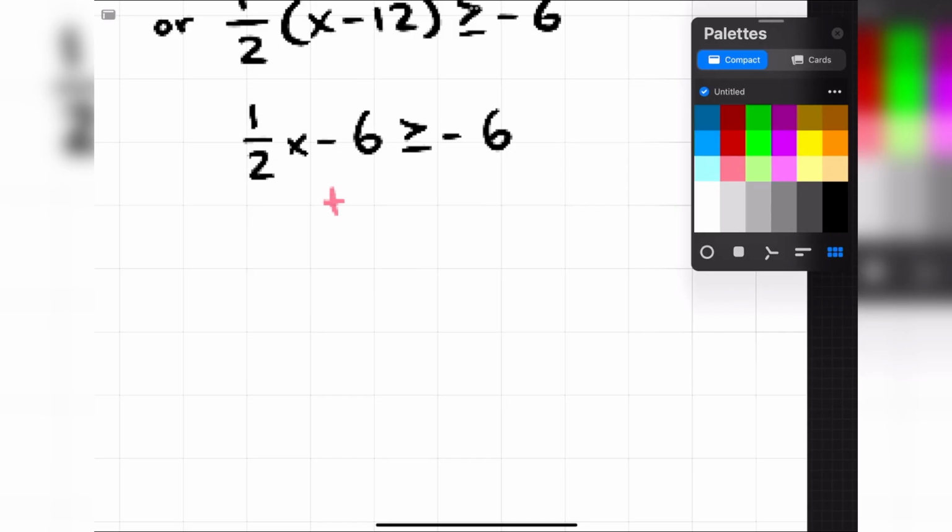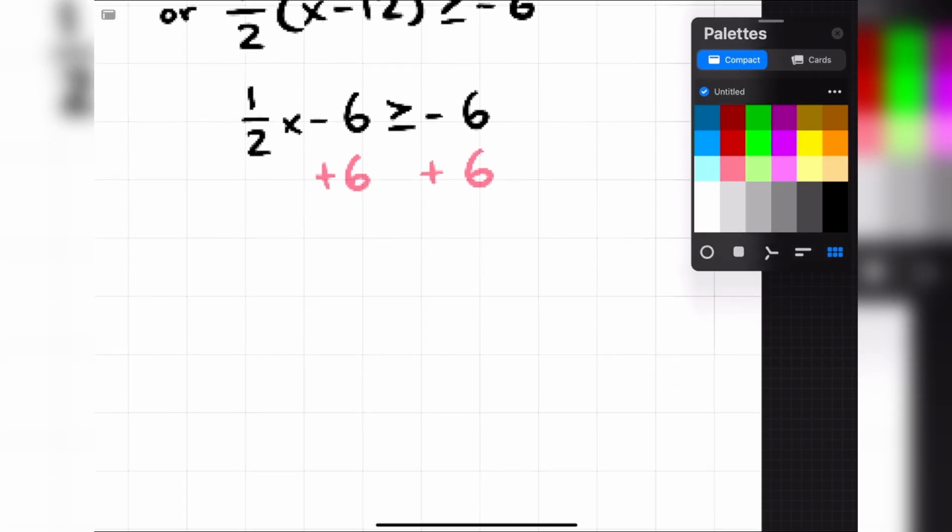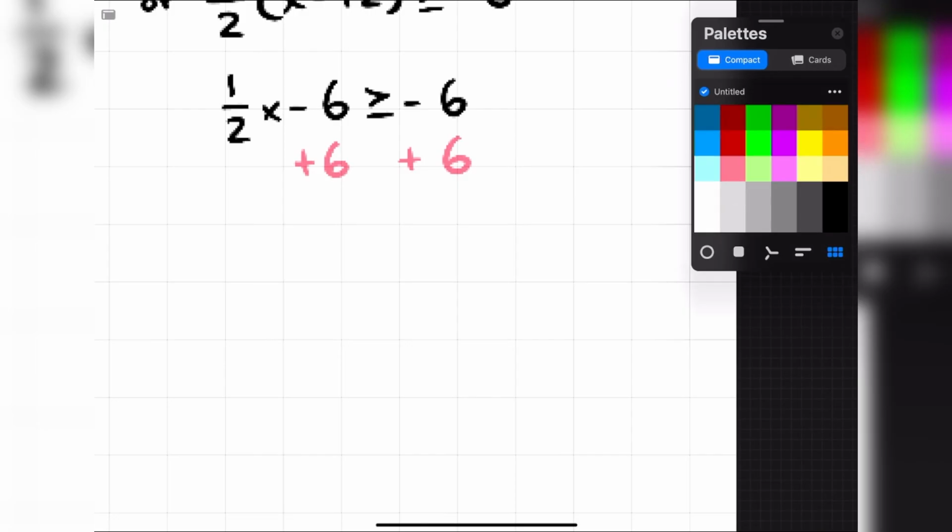Now you can add the 6, and this cancels out, and this cancels out, getting you 1 over 2x is greater than or equal to 0.